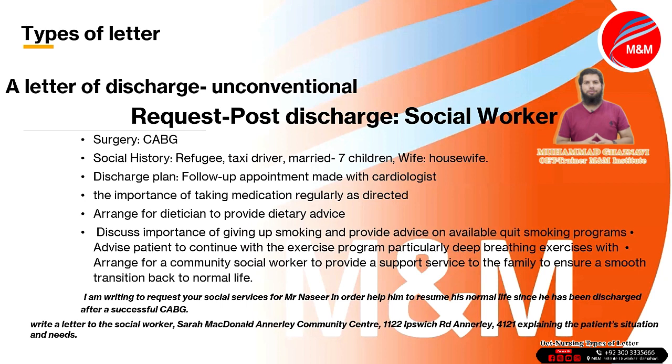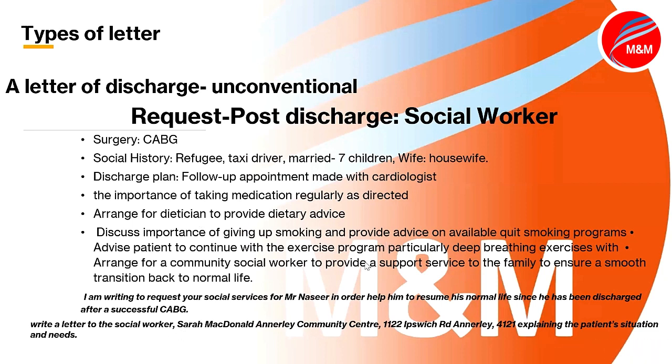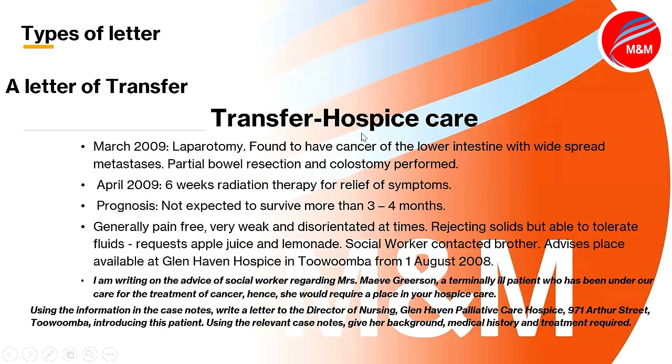Okay. So this is the letter of discharge when we are writing to a social worker. The focus will be on the social services that are part of the job of the social worker. Okay. Then we can see here a letter of transfer to hospice care.